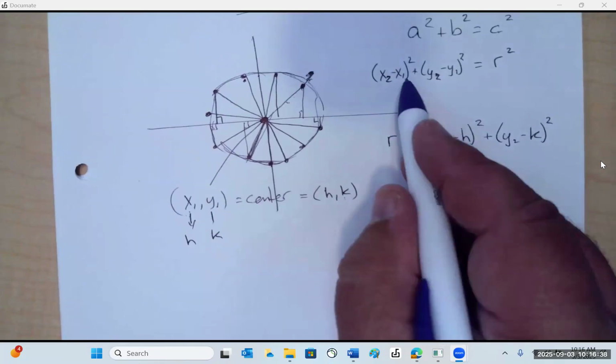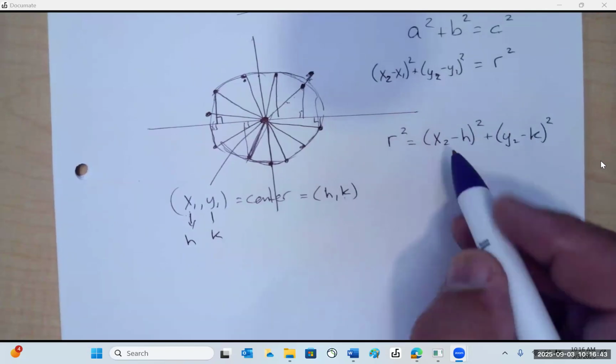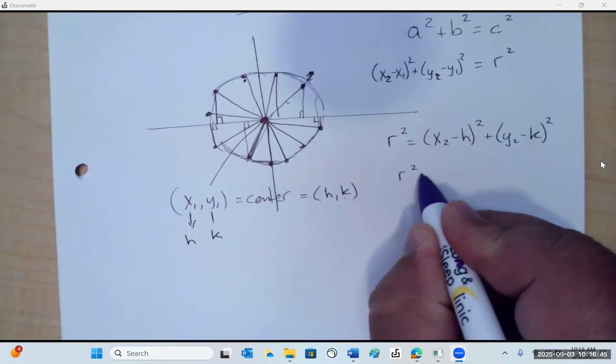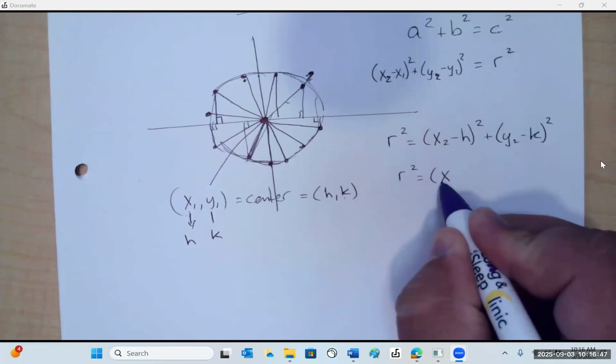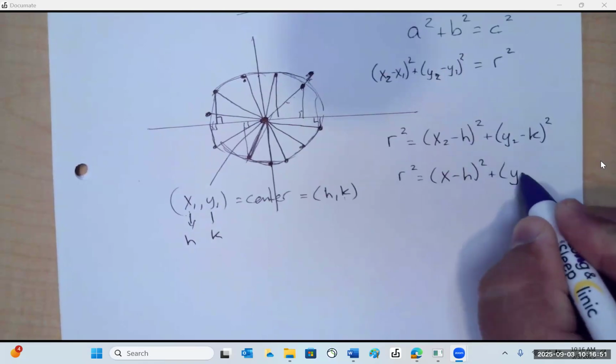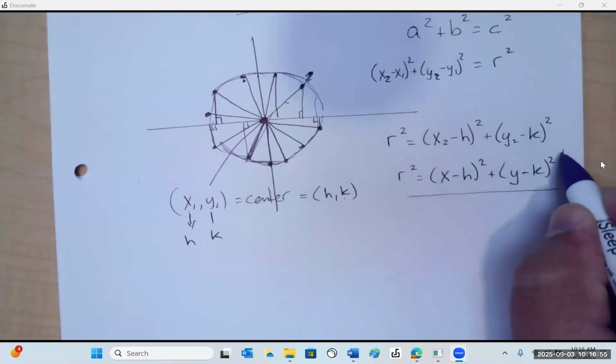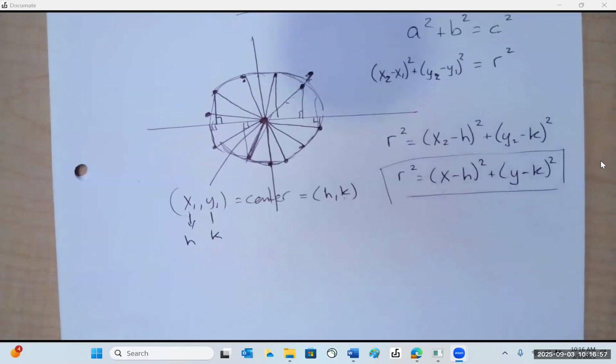Since I don't have any x1s, I don't need x2s. It's the only x I'll be using. So I have x minus h squared plus y minus k squared. This is the formula for a circle. That's your equation for a circle.